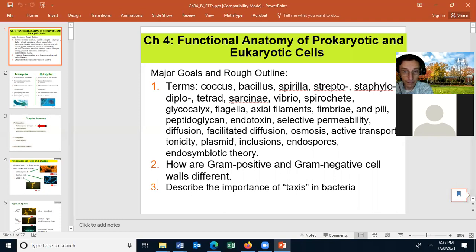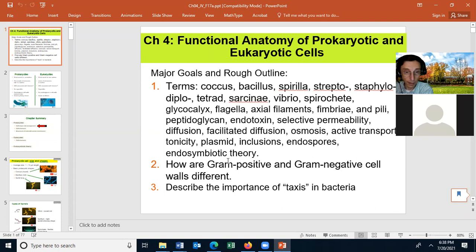What's a tetrad, a sarcina, a vibrio, a spirochete, a glycocalyx, a flagella, axial filaments, fimbriae, pili, peptidoglycan, which you've talked about already, endotoxin, selective permeability, diffusion, facilitated diffusion, osmosis, active transport, tonicity, plasmid, inclusions, endospores, and then lastly we'll talk about the endosymbiotic theory.